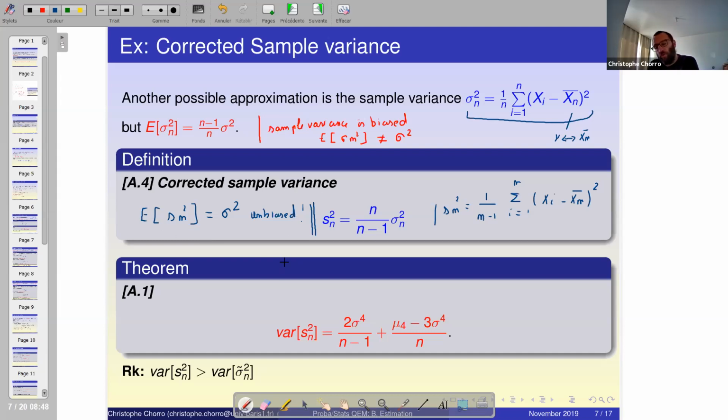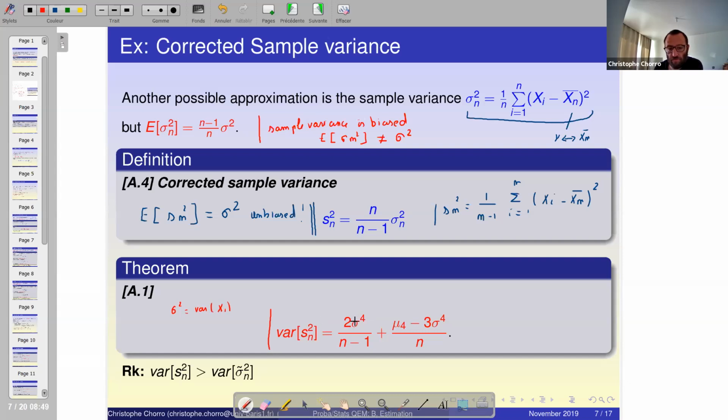If I want to control its mean square error, I have simply to control its variance. And we have admitted together in the previous chapter that I am able to know what is the variance of the corrected sample variance, and the variance of the corrected sample variance is given by this expression here, and sigma square is just, I remind you, the variance of x1.